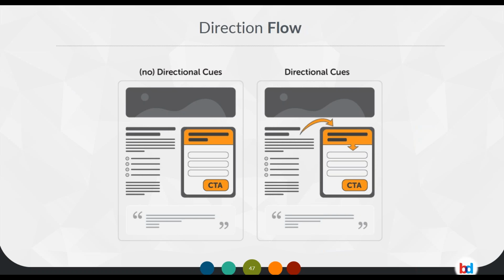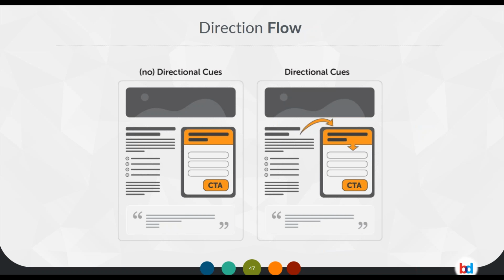Direction and flow. Without cues, our eyeballs, our brains will develop direction and flow. If you give directional cues, our brains understand the directional cues and will submissively follow them.